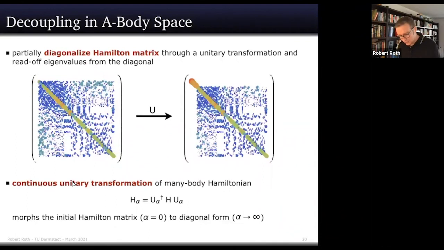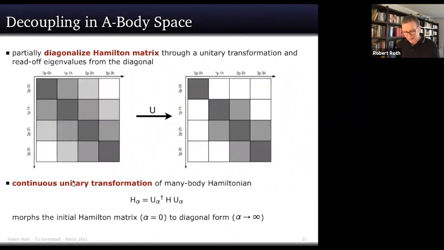It has to be some partial decoupling which just eliminates off-diagonal matrix elements for a few low-lying states. Then the decoupling yields the eigenstate information, the eigenvalues for these few states, and I don't care about the rest of this matrix. And I want, in the in-medium SRG context, now to do this step from here to here with a continuous unitary transformation a la SRG.